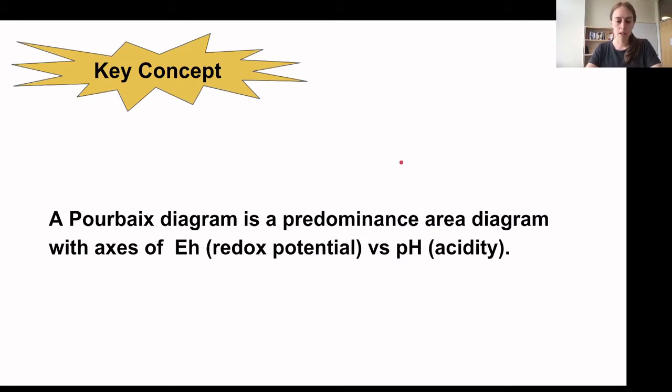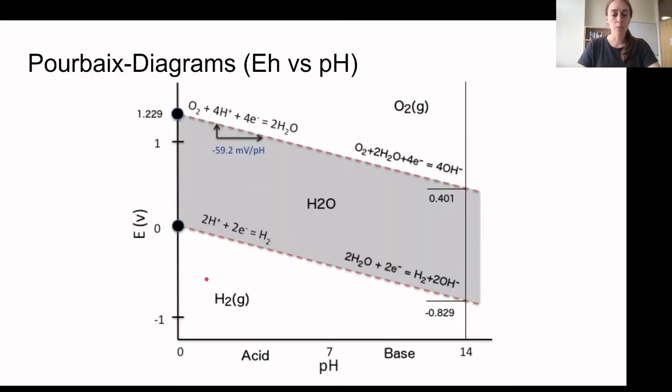So a Pourbaix diagram is just a very specific type of predominance area diagram, and we have pH on the x-axis and redox potential, or EH, as you'll remember from previous lectures, on the y-axis. A Pourbaix diagram here is simply for water.